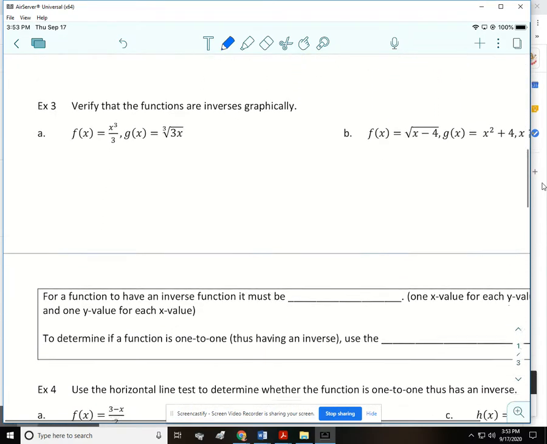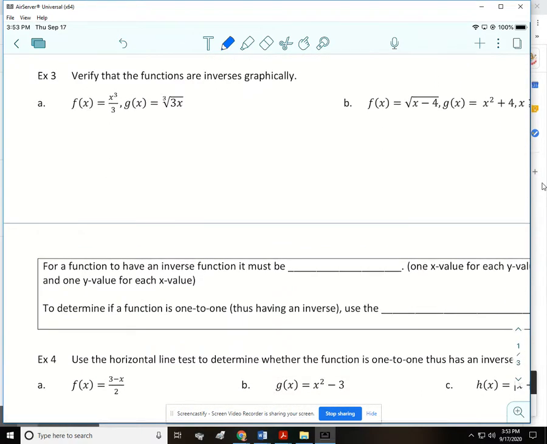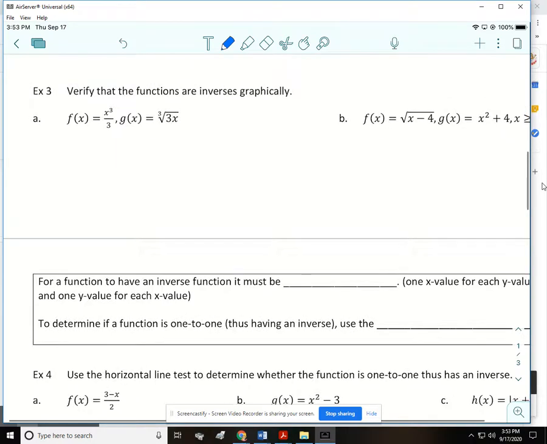Now, there are lots of places you can go to get graphs. A free site is called Desmos. And I know a lot of you already know about this. So if you don't have your own graphing calculator and you want to know what these graphs look like, you can look at Desmos.